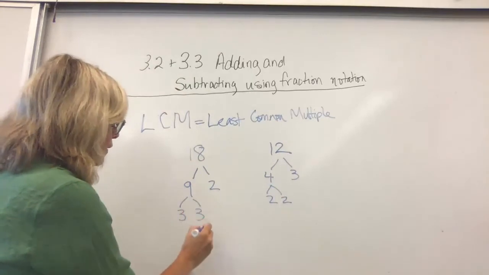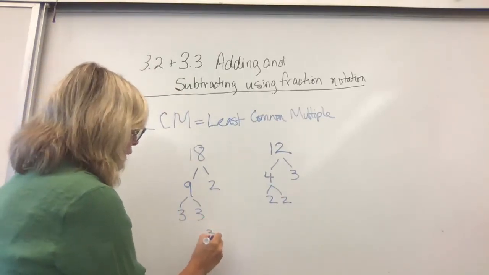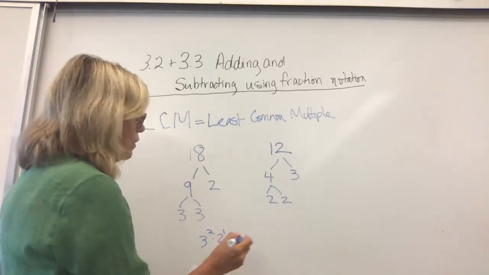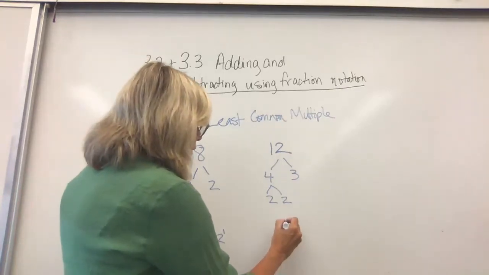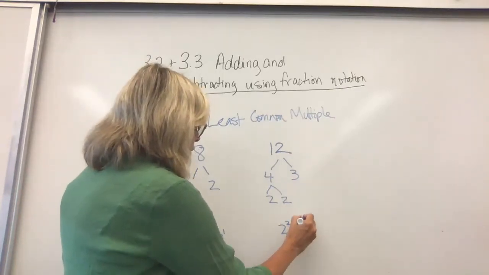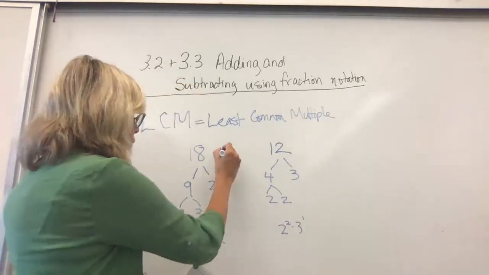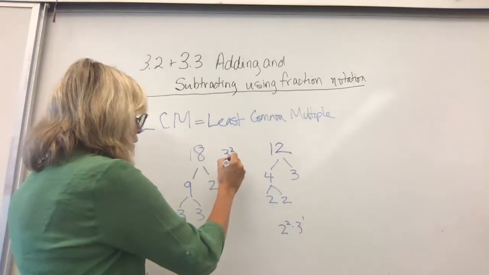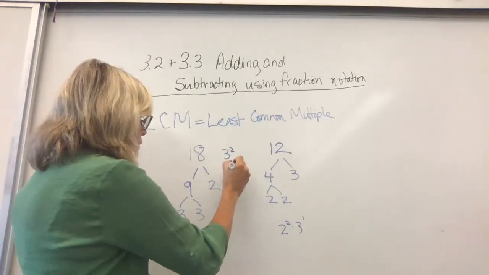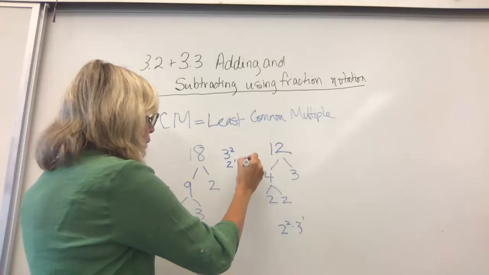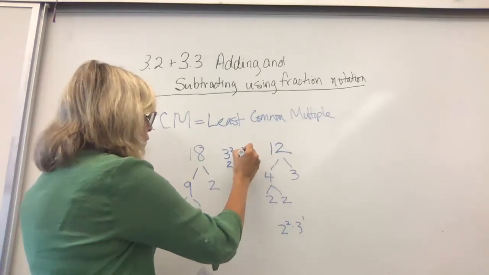So we can write this as 3 squared times 2 to the first, and this is 2 squared times 3 to the first.